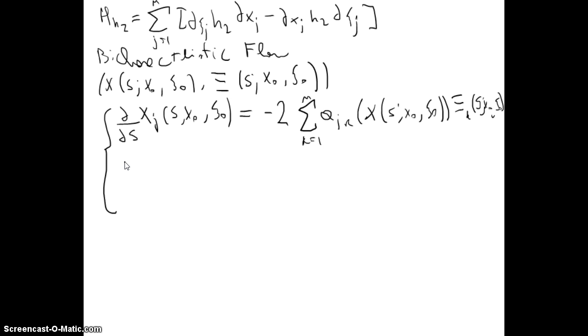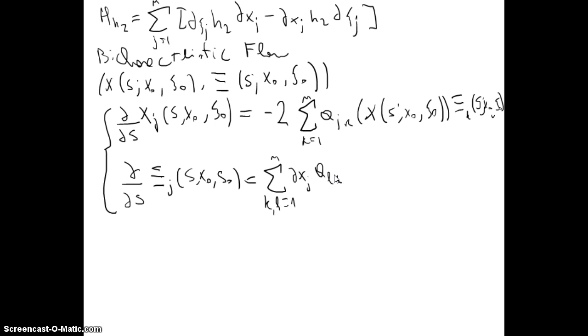Okay, and then d/ds of capital Psi j(s, x naught, xi naught) equal to, well, now it's going to be the sum over k, l equal to 1 to n of the derivative in xj of alk, and now once again we will have X at this point, Psi k, this again, and here's another parenthesis, and then we will have Psi l.